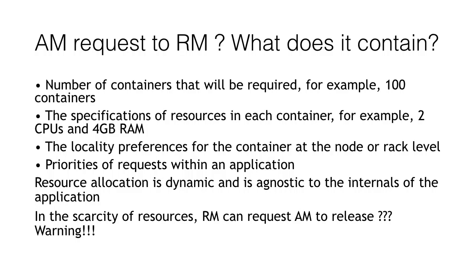The specification of resources in each container, for example, 2 CPU and 4 GB RAM, etc. The locality preferences for the container, you can actually decide whether you want it at a node level or rack level, and the priorities of requests within the application.